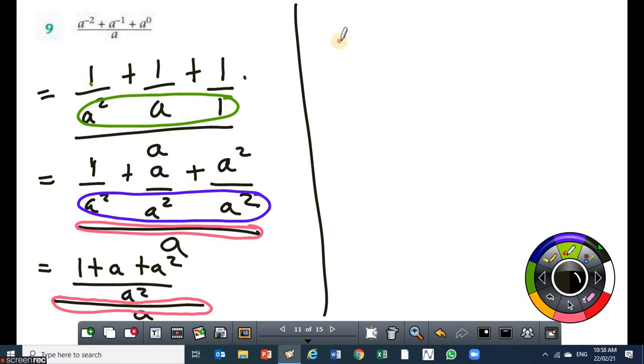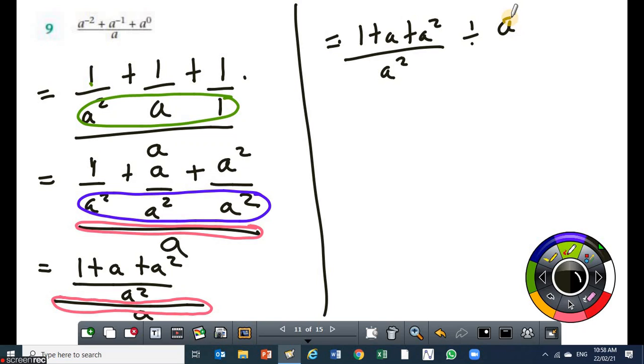From here, I'll have 1 plus a plus a squared all over a squared. Now check this. The denominator of that numerator is a squared, divided by... I have converted this main division line to a division sign. The denominator of the whole fraction is a. I can put a over 1 here.